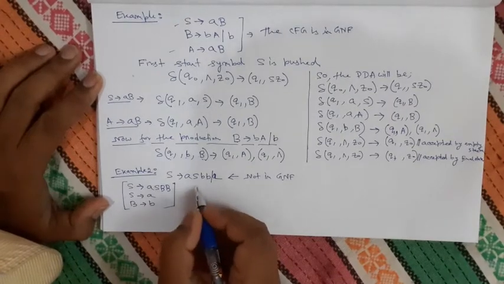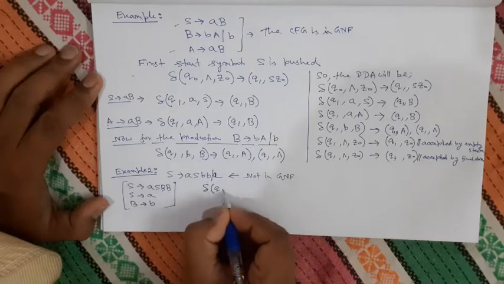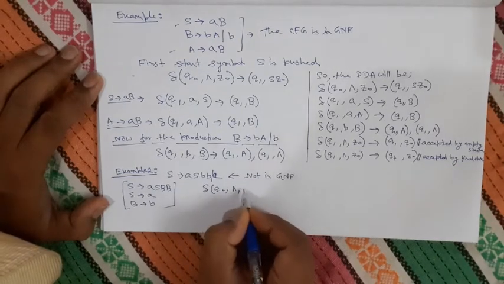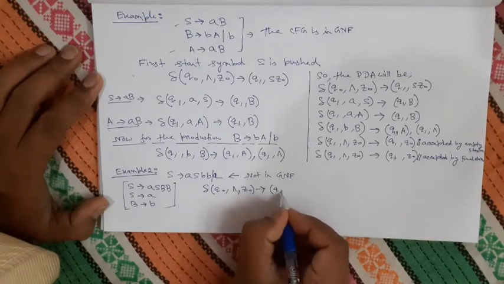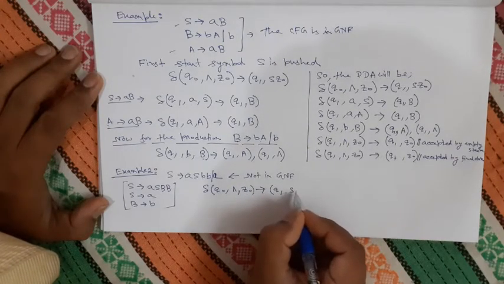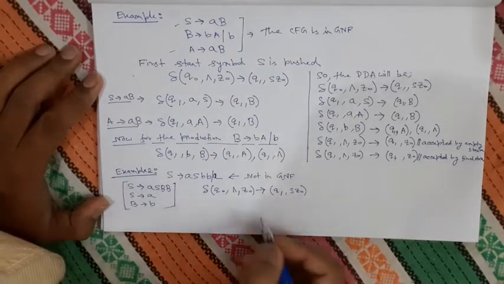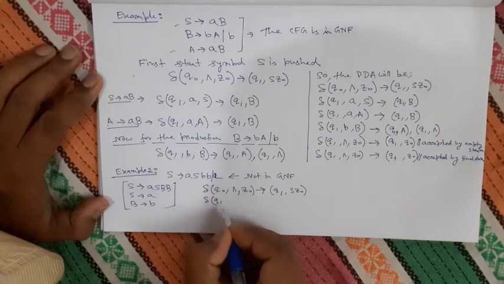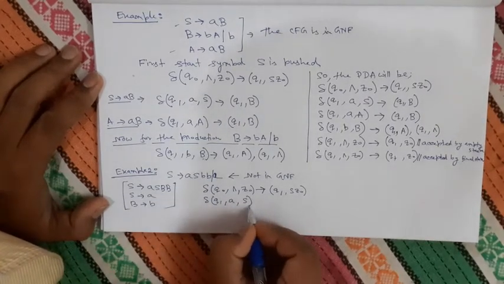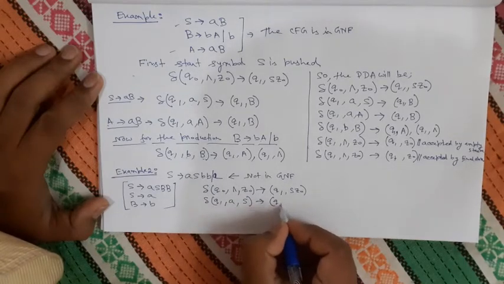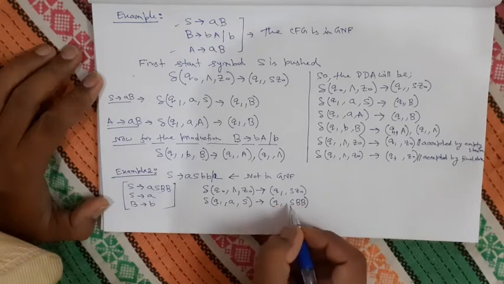So for the start symbol, what will be the production? It will be delta of Q0 comma null comma Z0 will go to Q1 S Z0. Now for the next one, delta of Q1 comma a, this is starting symbol S, it will be Q1 comma SBB, string of non-terminals.